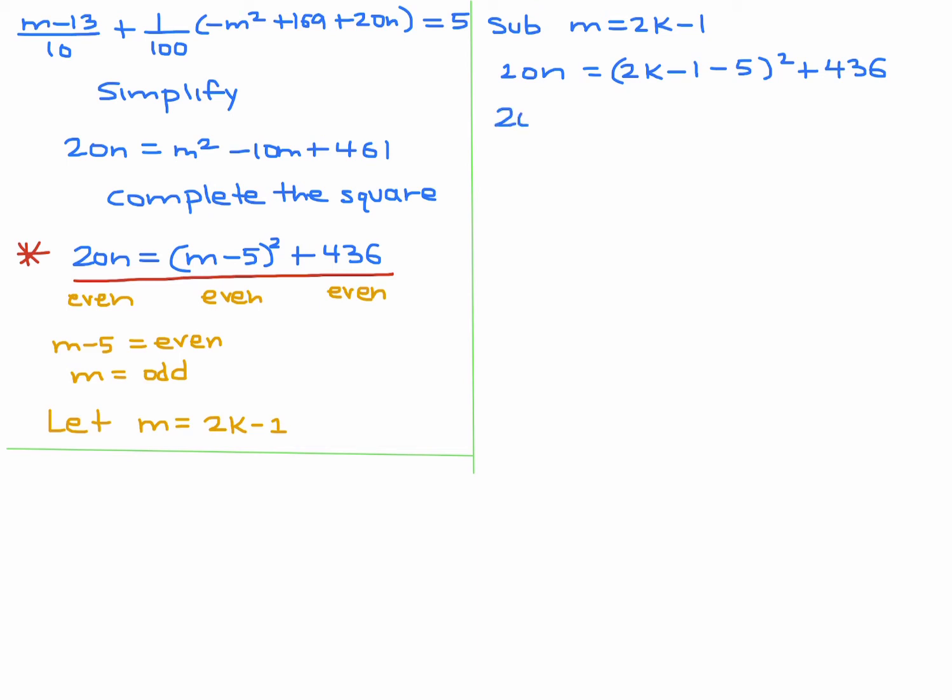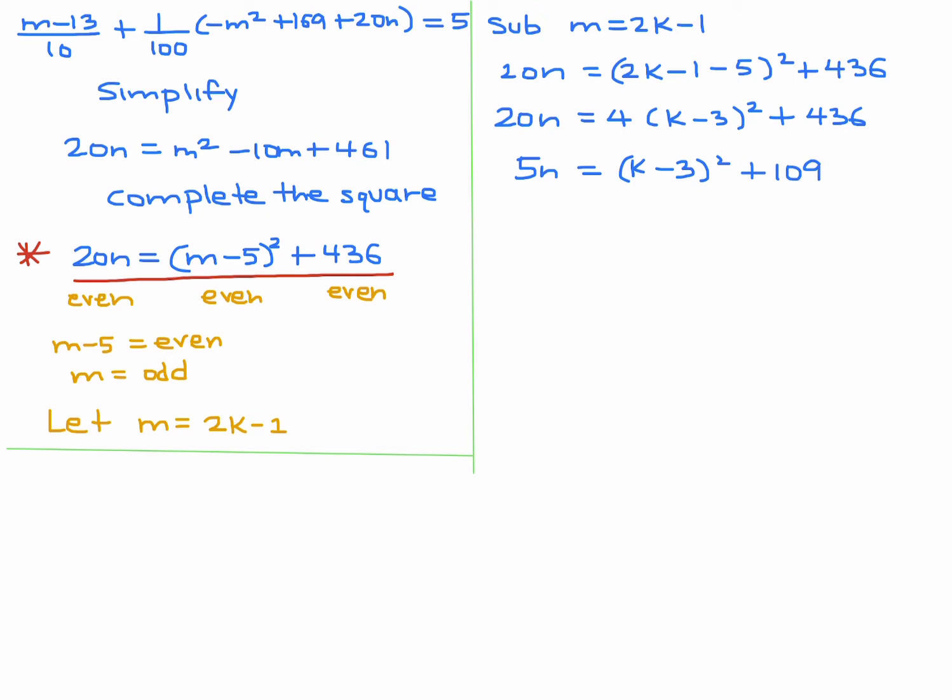When you simplify and collect like terms, you get 20n is equal to (4k minus 3) squared plus 436. And I can divide through by 4, and that just gives me 5n is equal to (k minus 3) squared plus 109.